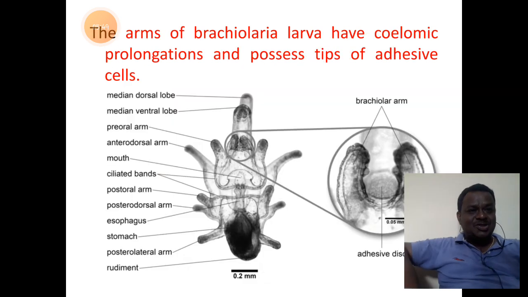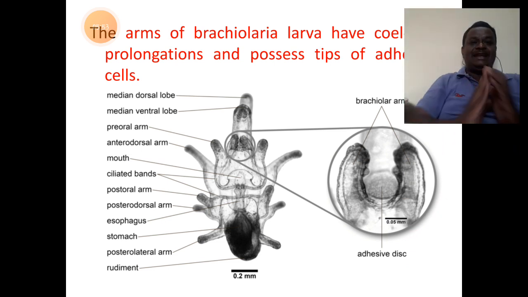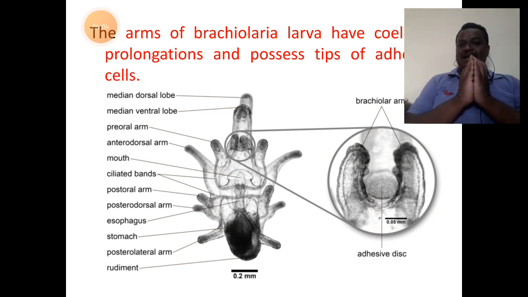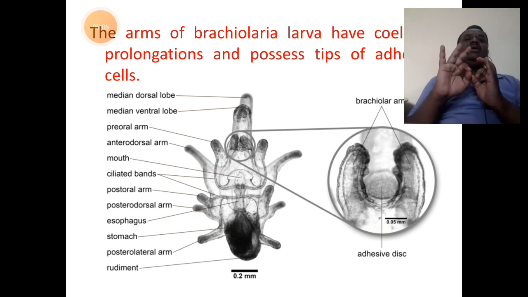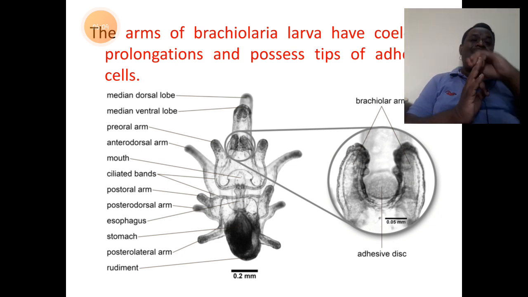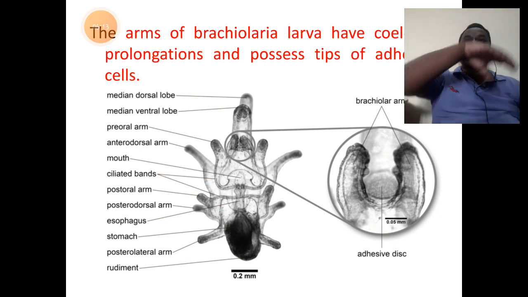They are the structures which enclose the adhesive disc. You can see in the enlarged part here, the preoral arms that have formed the brachiolar arms show the presence of an adhesive disc in them. So there are three preoral arms extended that show the presence of adhesive discs in them.